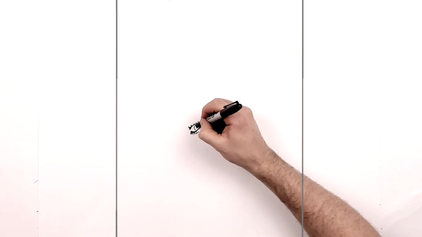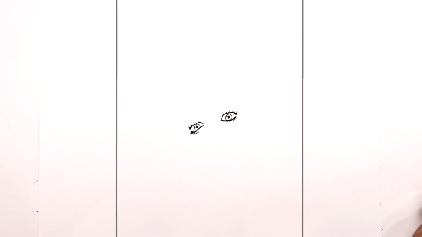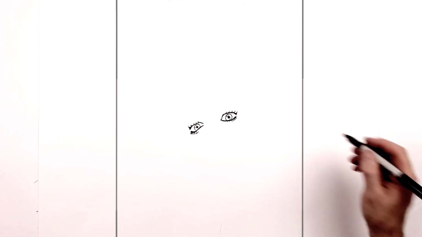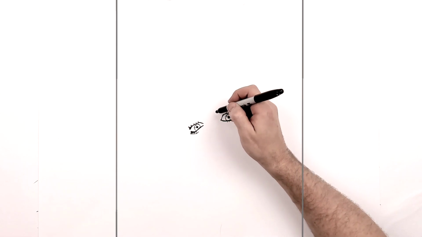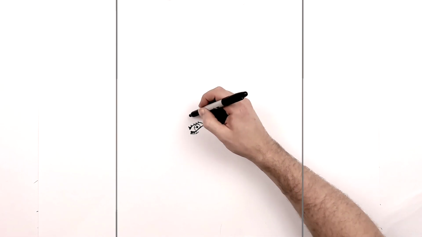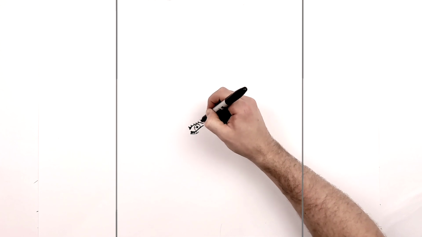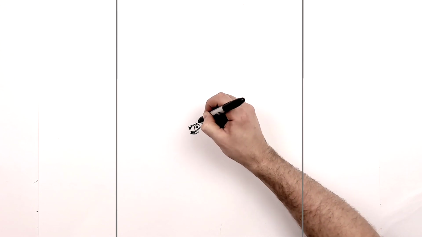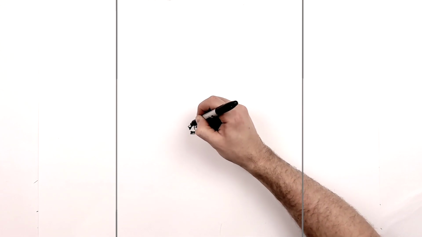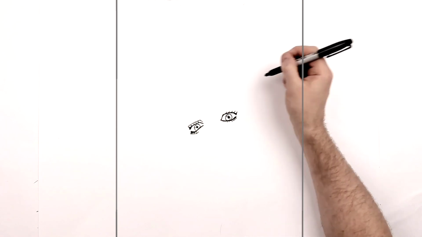Like so, and then we'll put a highlight up there. Okay, so then there's kind of eyelid lines, right? So we've got a line that comes around here, like so.